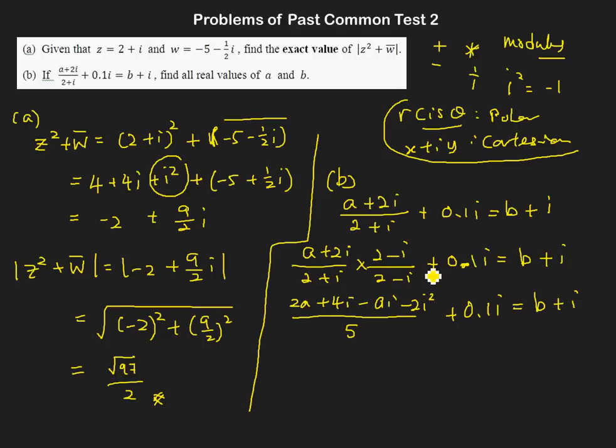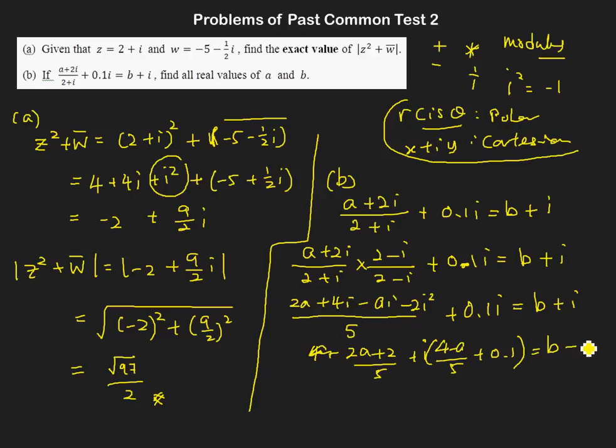Now if you again group all the real parts, I'm sorry, you should have 2a plus 2 over 5, and here you have i in front, and this is 4 minus a over 5 plus 0.1, and b plus 1.